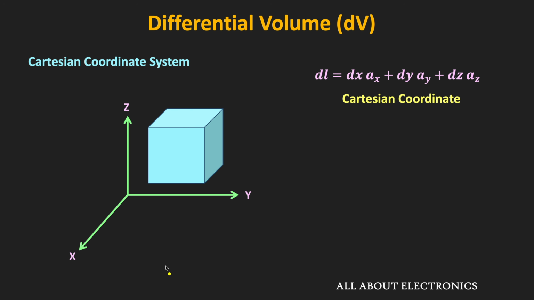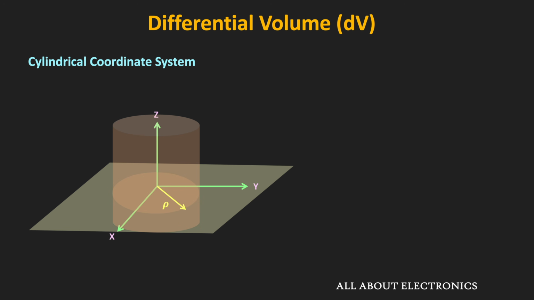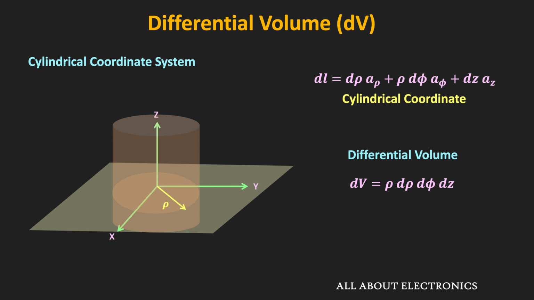So in the Cartesian coordinate system, this differential volume dV can be given as dx times dy times dz. So similarly, in the cylindrical coordinate system, this is the expression of the differential length. So therefore, the differential volume in the cylindrical coordinate system can be given as rho times d rho times d phi times dz.